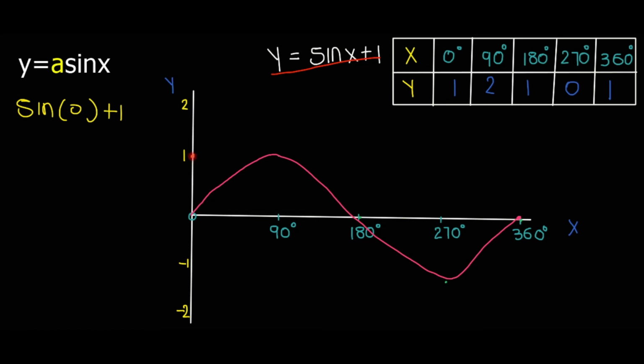For 0 we get 1, and for 90 we get 2. So this means 90 and 2, then 180 and 1, and then 270 and 0, and then 360 and 1.